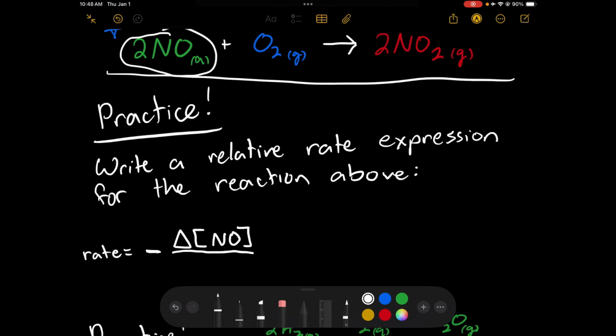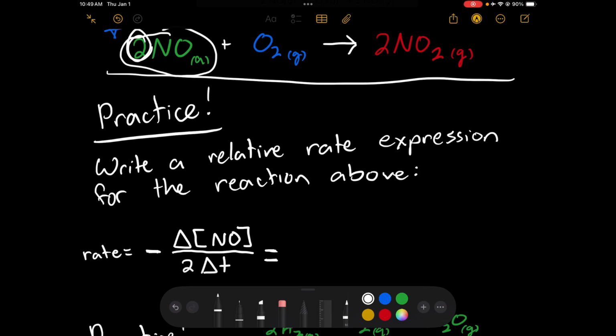We're going to divide that by its molar coefficient, 2, times change in time, so delta T. And that's its relative rate expression. We don't have any other information. We don't know how much it's changing in concentration. We don't know how much time has passed, so this is all we can do.